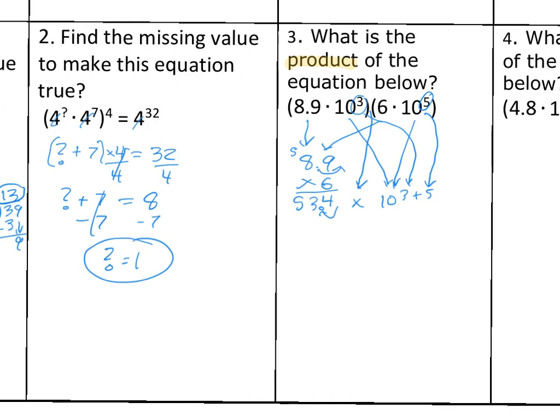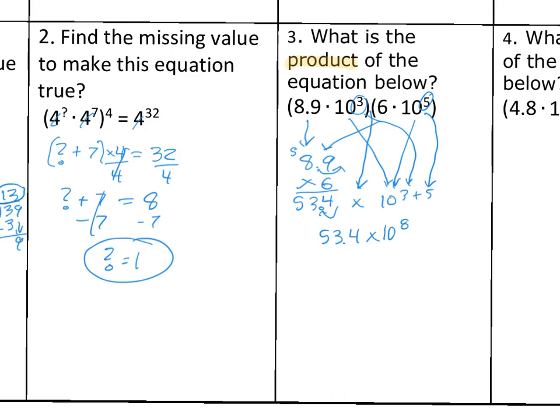So 2 more steps. Clean up the exponent right here, do the 3 plus 5, and clean up the scientific notation so it's one place over from the left. Okay, here we go. So 53.4 times 10, and that should be a big 10. 3 plus 5 takes me to 8.